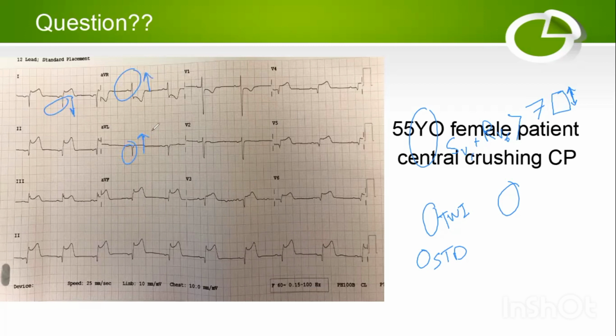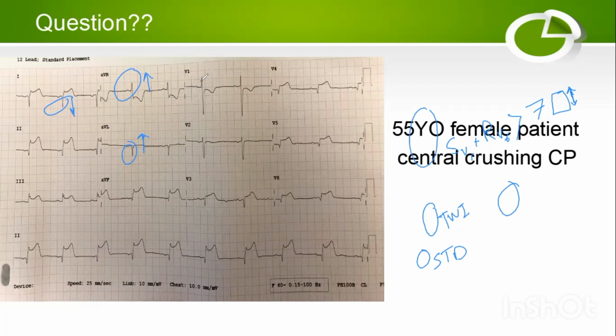aVR versus lead 1 and lead aVL. Okay, so we look at V1 to V6 for R wave progression. If there is a good, normal R wave progression, it is a technical error. If there is no R wave progression, but only a mirror image, zooming at V1, it is dextrocardia.